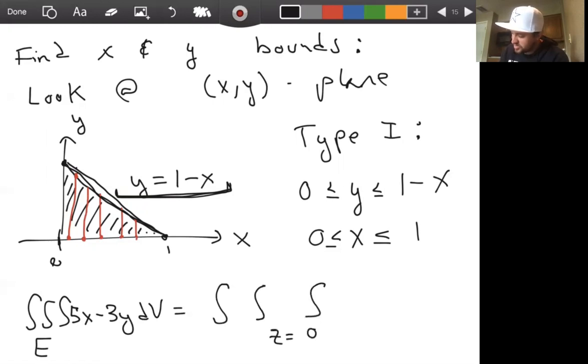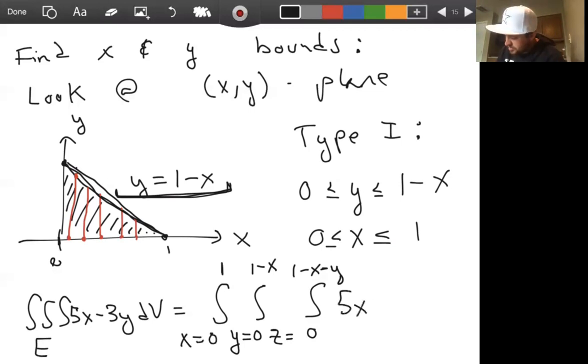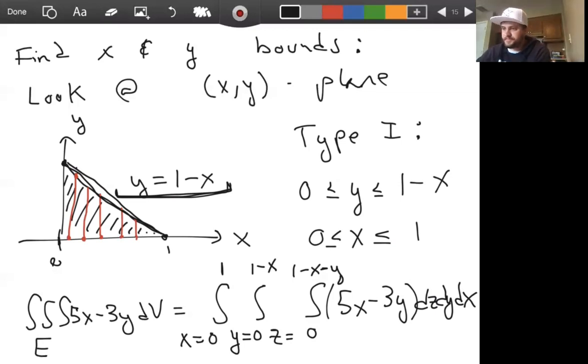Z is going from 0 to 1 minus x minus y, y is going from 0 to 1 minus x, and then x is going from 0 to 1 of 5x minus 3y, and then our order is dz, dy, dx. Okay. And now that we have this integral set up, all that's left to do is actually integrate.